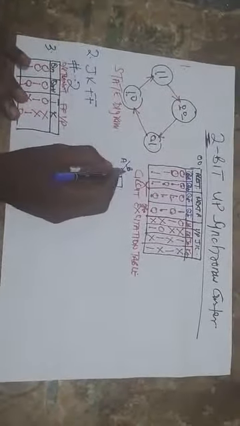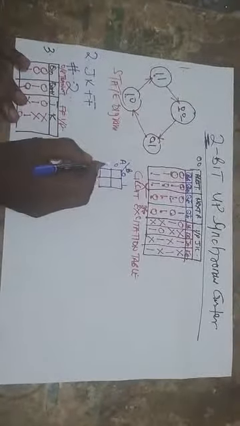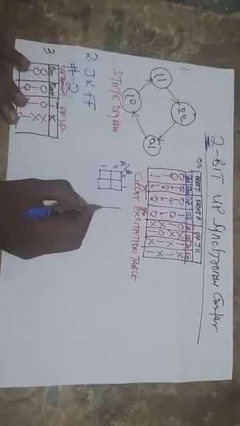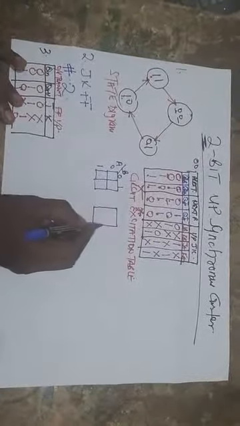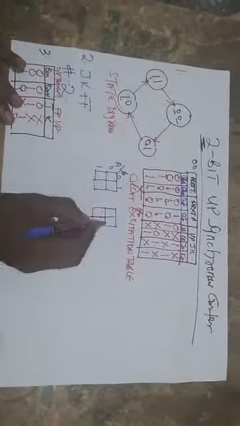So we draw the Karnaugh map. Two inputs, so let's see, this is B and this is A. So this is 0, 1, 0, 1. I'm going to do 4 of them. 0, 1, 0, 1.